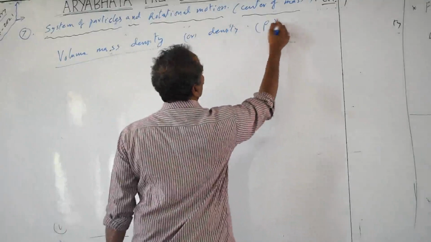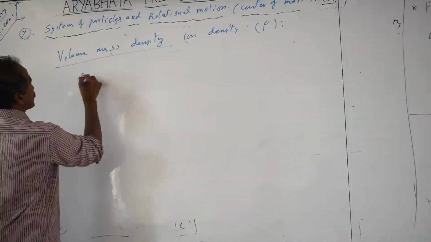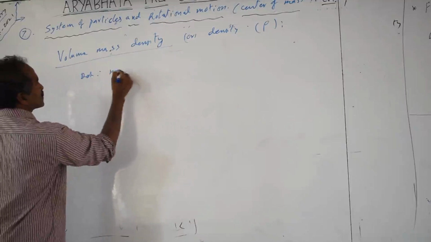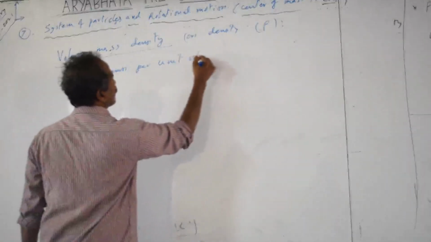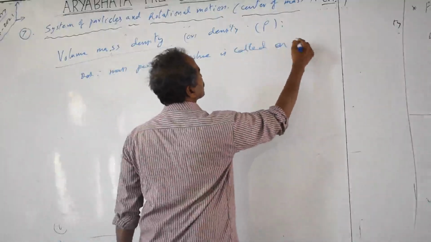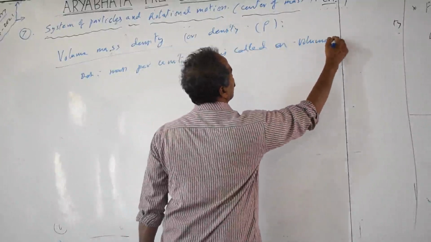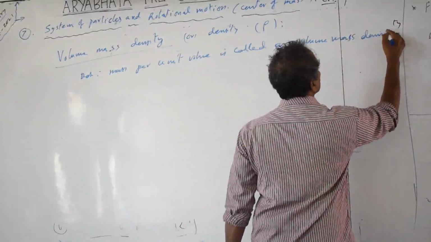Symbol is rho. Definition: mass per unit volume is called as volume mass density.